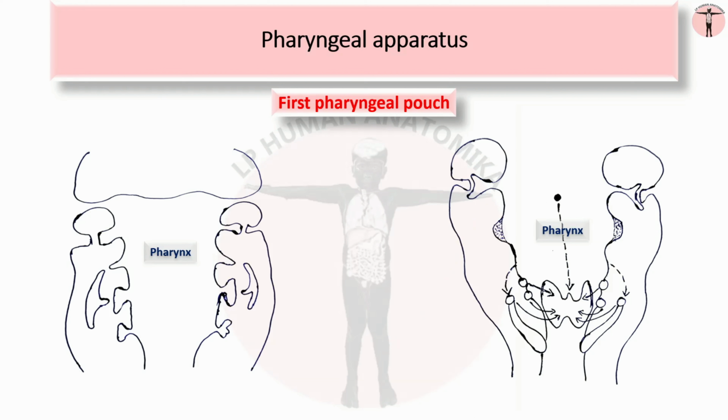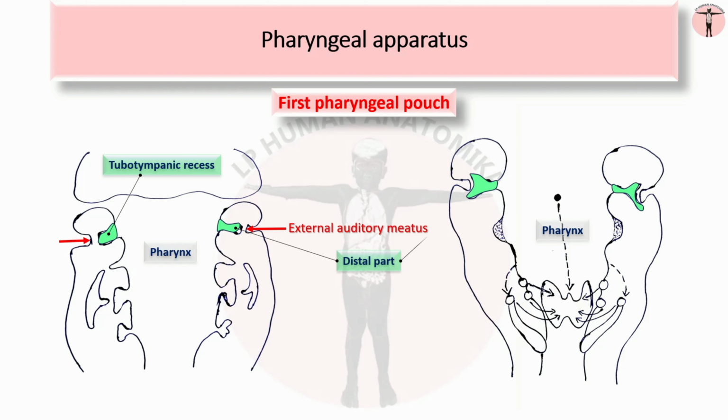The first pharyngeal pouch forms a stalk-like diverticulum, the tubotympanic recess, which comes in contact with the epithelial lining of the first pharyngeal cleft, which in future develops into external auditory meatus or the external acoustic meatus. The distal portion of the diverticulum widens into a sac-like structure and develops into primitive tympanic cavity or middle ear cavity.